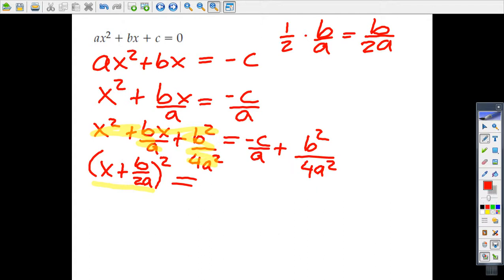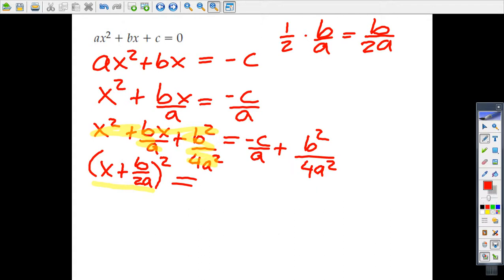You might be thinking of the lowest common multiple between them, but we're talking about the lowest common denominator. 4a squared is the lowest common denominator. A is the lowest common multiple.